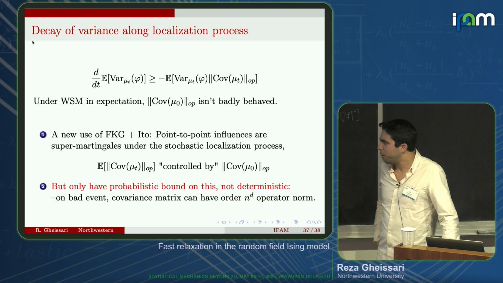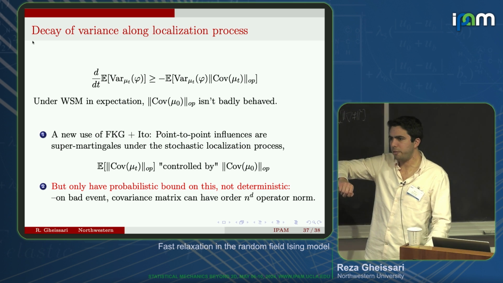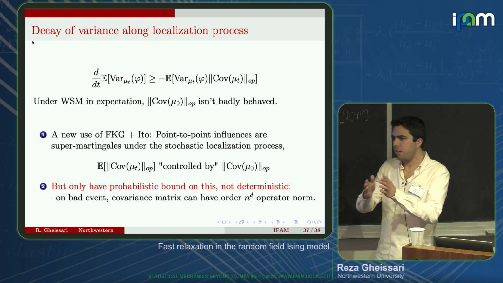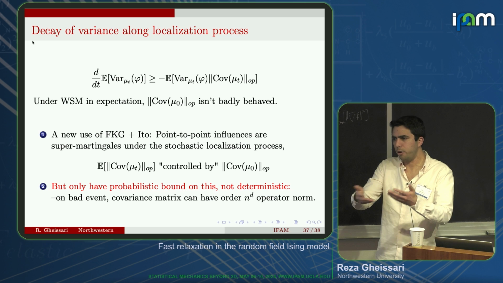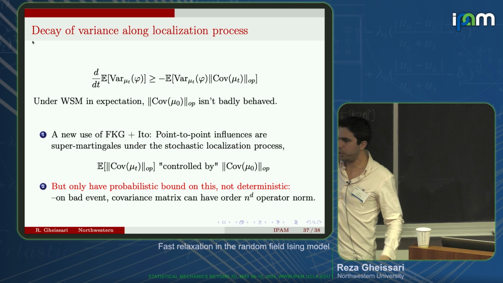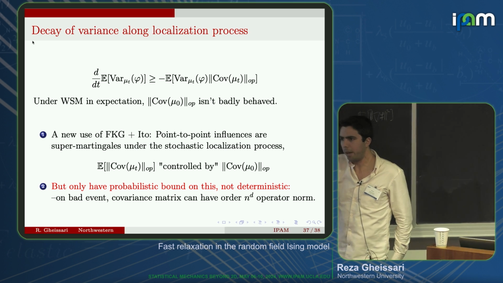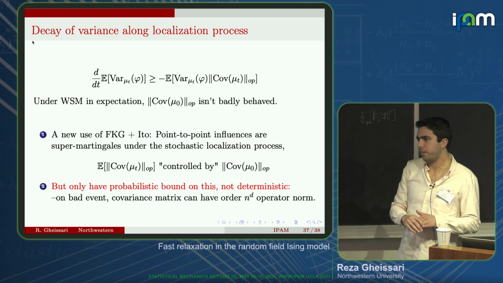Of course, I only have probabilistic bounds on this because this is a random process moving through the space of measures, and if the temperature is lower than the critical one, this might hit, by chance, a set of external fields that has covariance matrix of size n. And then my spectral gap blows up like exponential n. So that would be catastrophic for this.